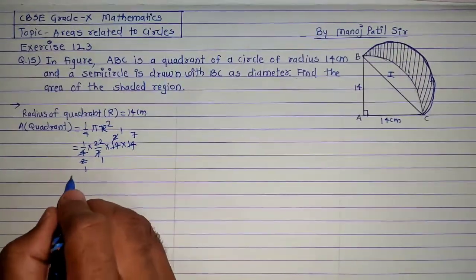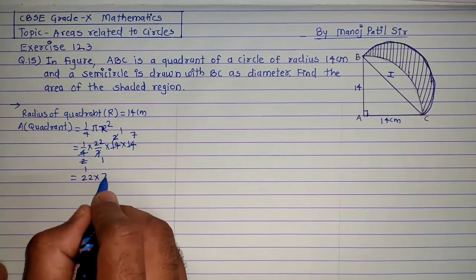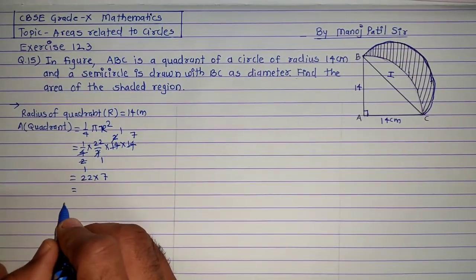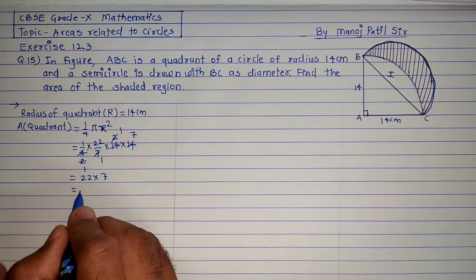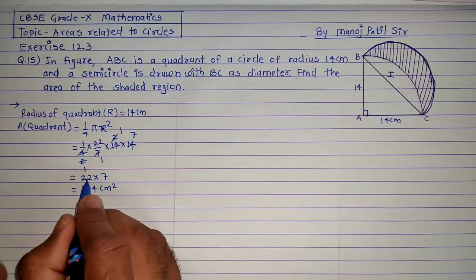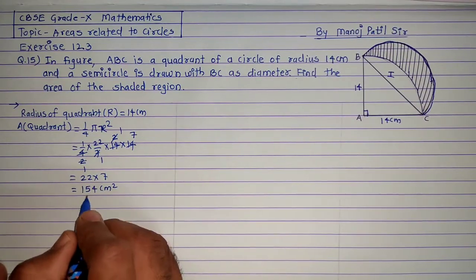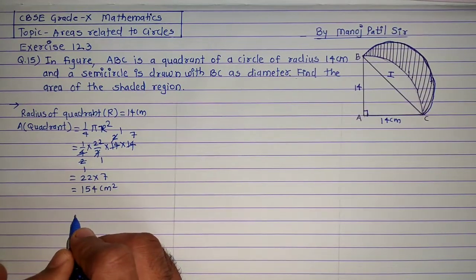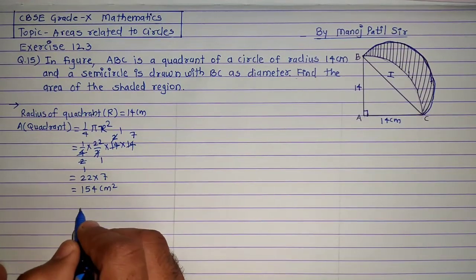So we get 22 multiplied by 7, and this area of quadrant we get 154 centimeter square. So 154 centimeter square is the area of quadrant.